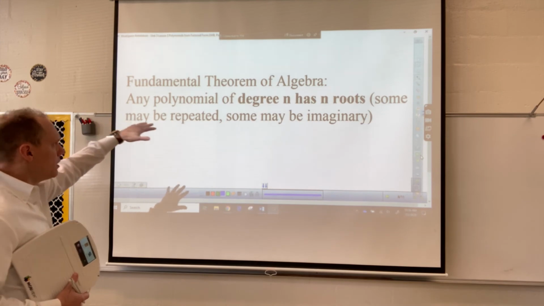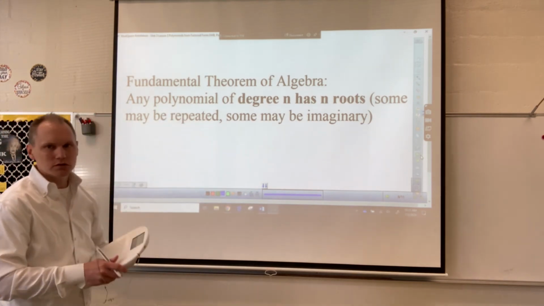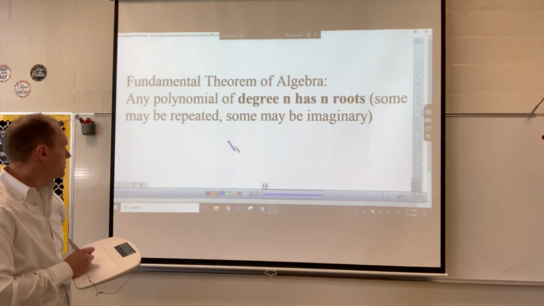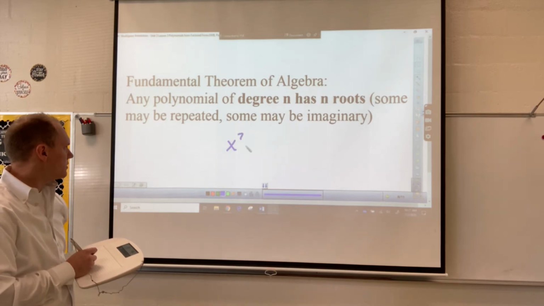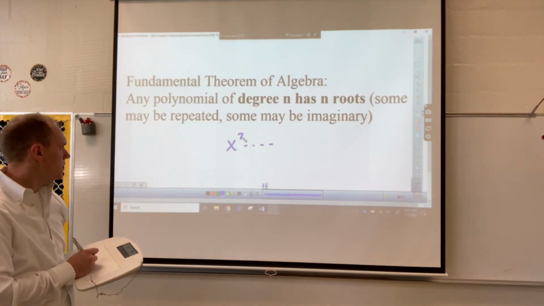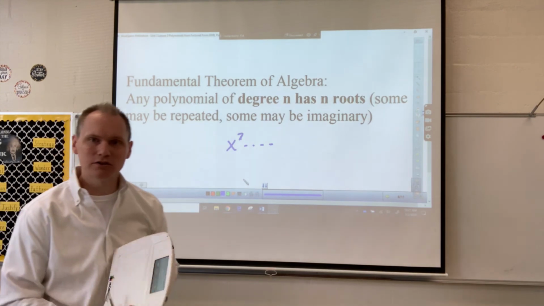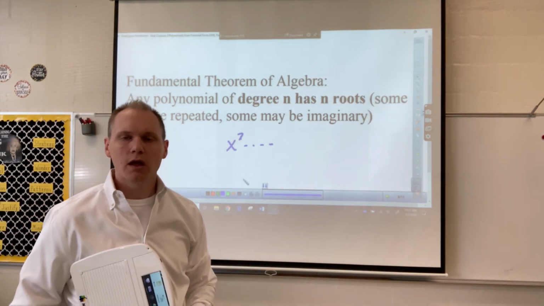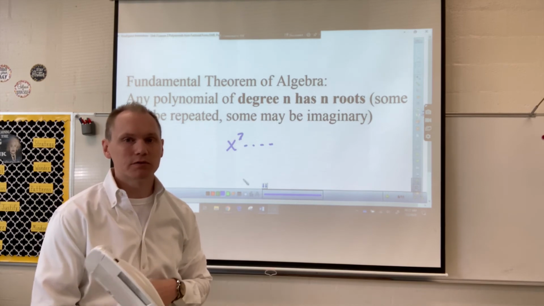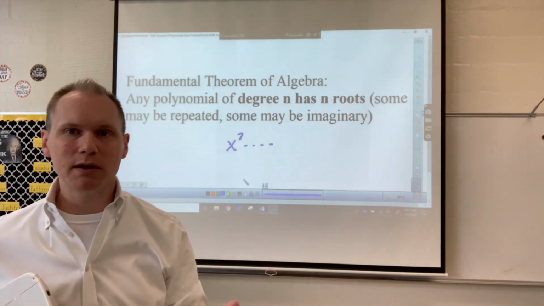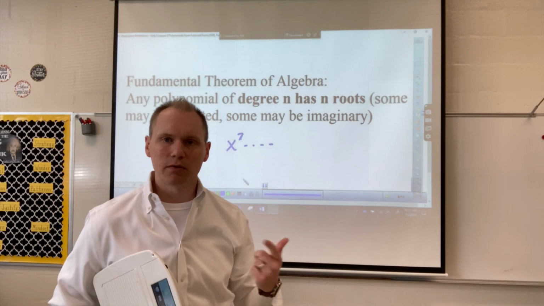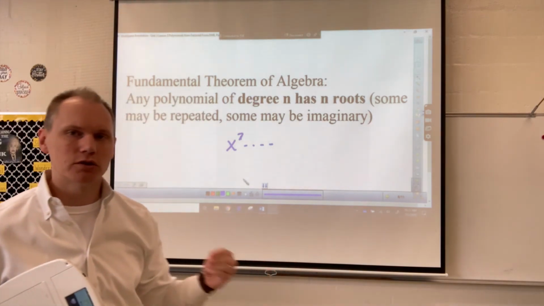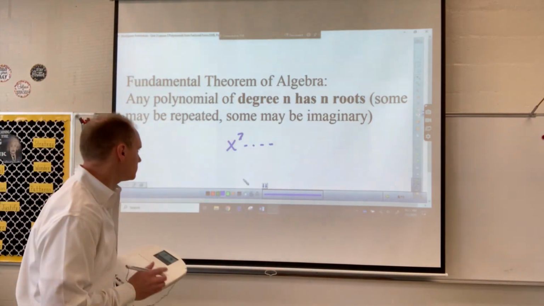But all in all, a degree n has n roots. So for example, if you have something that starts with x to the 7th, and whatever goes on, that means it's got 7 x-intercepts or zeros or roots. Now, again, some of those may be imaginary, so they may not actually be x-intercepts. And some of them may be repeated, but there are 7.